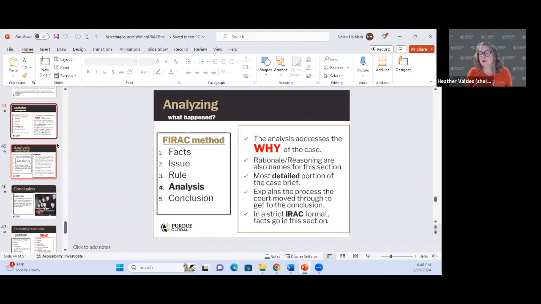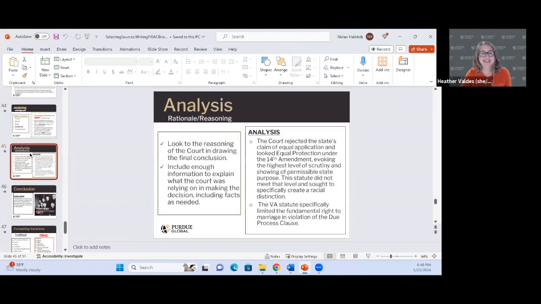In an IRAC format, where you don't have that facts section, the facts would be included in this analysis section, along with the law, to get to that conclusion. Next slide. Thank you.